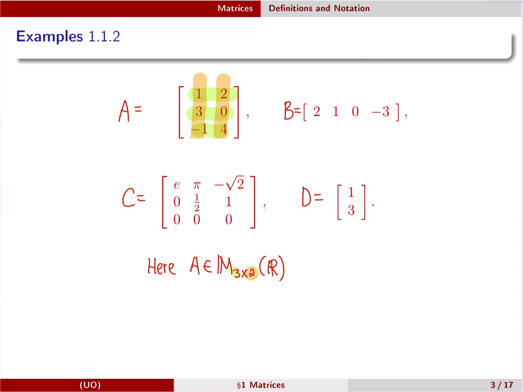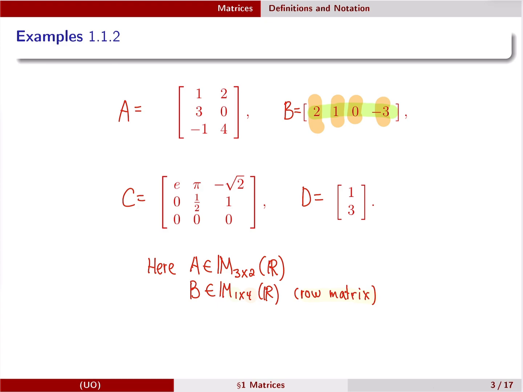So the matrix A is a 3 by 2 matrix. Now, the next example, matrix B. Matrix B is an example of a row matrix because matrix B has only one row. If you count the number of columns, there's 1, 2, 3, 4. So matrix B is a 1 by 4 row matrix.